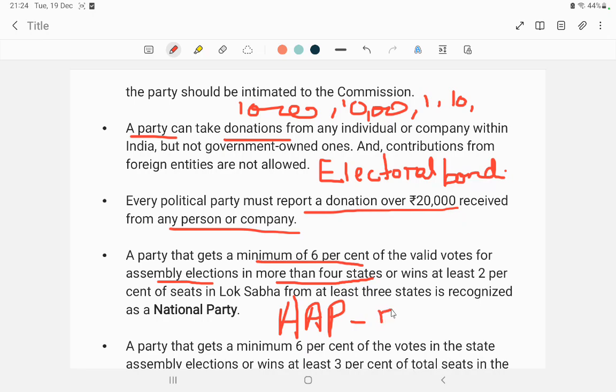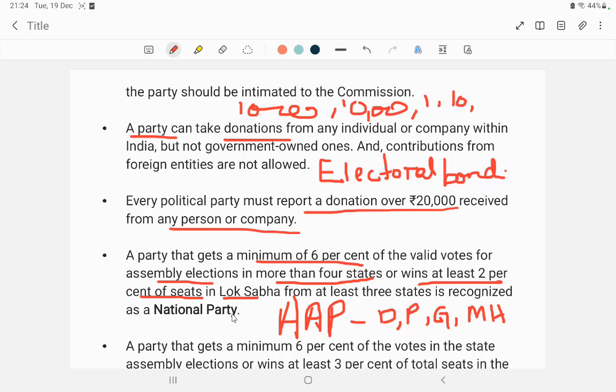For example, they have power in Delhi, Punjab, Gujarat, Maharashtra, like that. So 4 states are done for the Aam Aadmi Party, or win at least 2% of the seats in Lok Sabha.